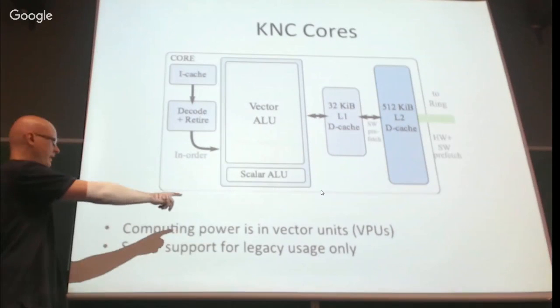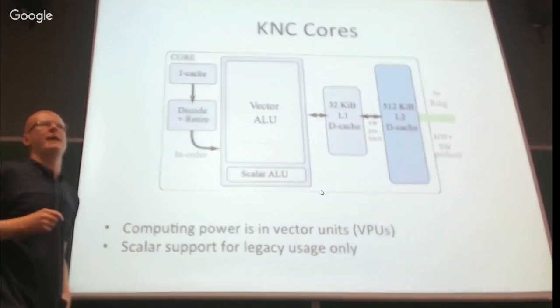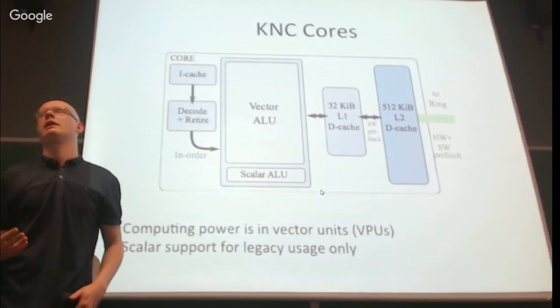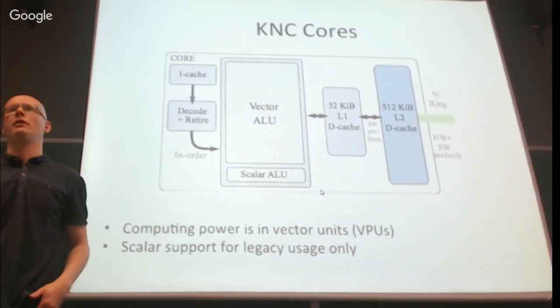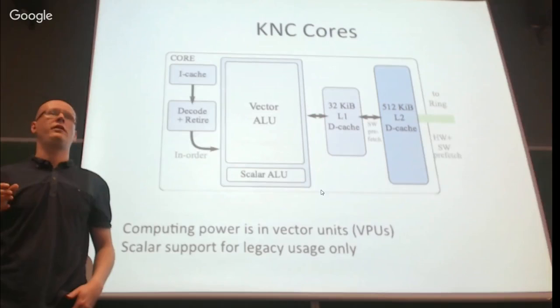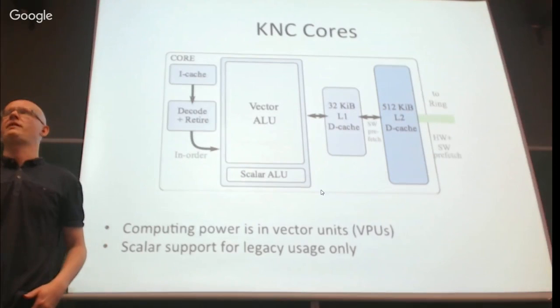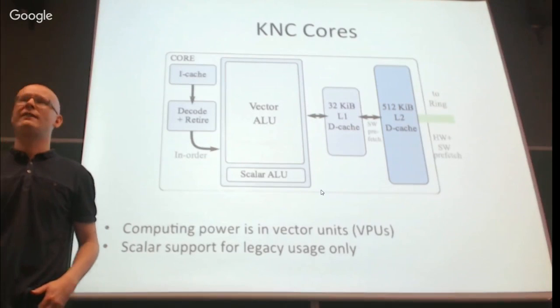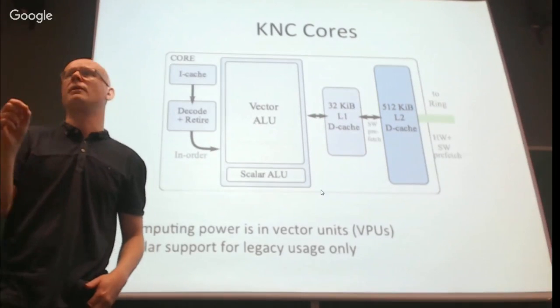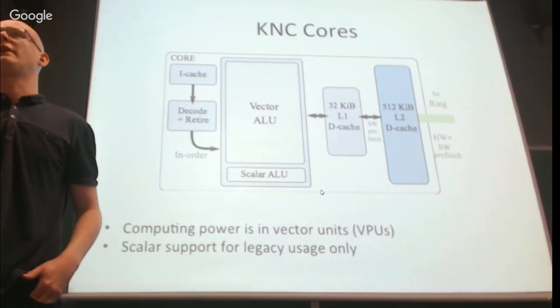Computing power is in the vector units; scalar support is for legacy usage only. If you don't have vectorized code, you won't get performance on Xeon Phi. Don't bother. Simple as that. Even if you can scale across 61 cores, you won't be able to beat the Xeon. So you need to scale across the cores by multi-threading, or possibly by way of MPI, and you need to vectorize your software as well.